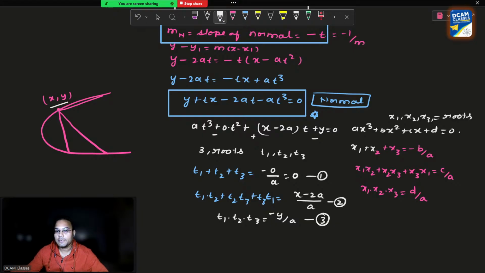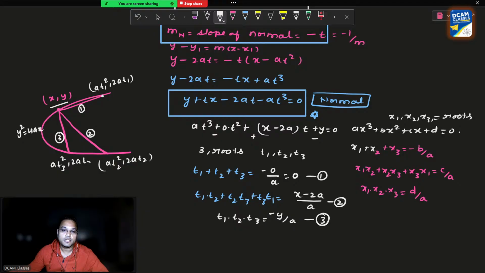This is normal 1, this is normal 2, and this is normal 3. I'm talking about y square is equal to 4ax. And these normals will be striking at at1 square comma 2at1, at2 square comma 2at2, and at3 square comma 2at3.